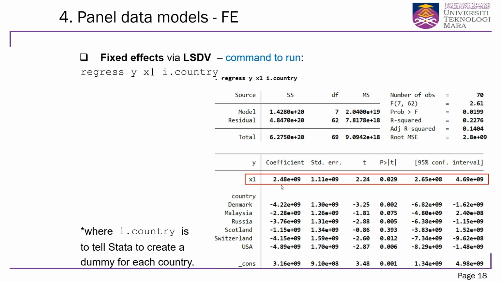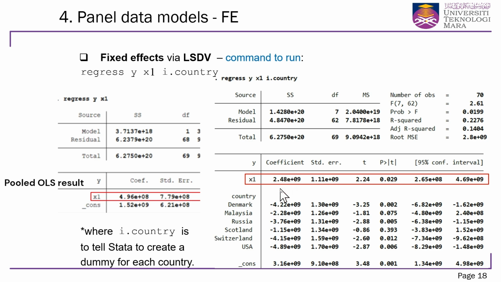Just a side note here, I just mentioned the number that is shown here, 2.48, because it is in scientific notation with plus sign. That makes its actual value way bigger than 2.48. But let's just focus on the number only. And this coefficient size 2.48 is apparently smaller than that of pooled OLS that we estimated earlier, which is 4.96.